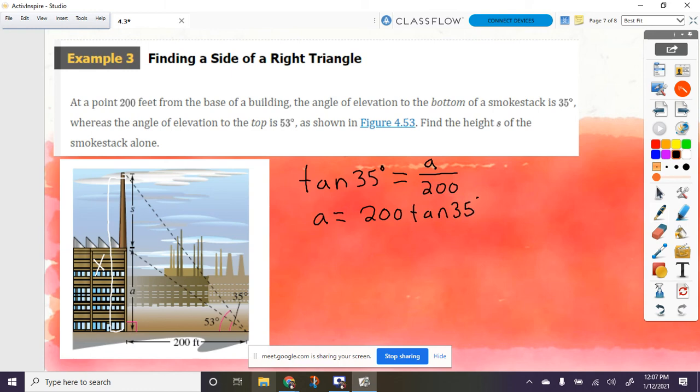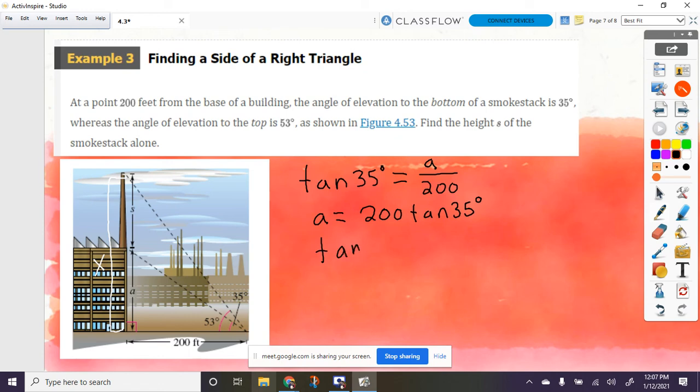And I'm going to leave my answer like that for right now, because since we're going to be using that to find another piece, I don't want to plug it into my calculator and round just yet. Because if I use a rounded answer, it compounds my rounding error. So then we want to find X. So how would we find X?